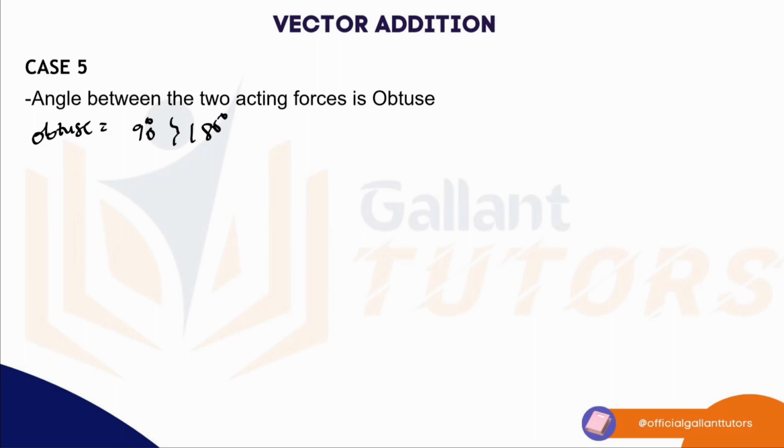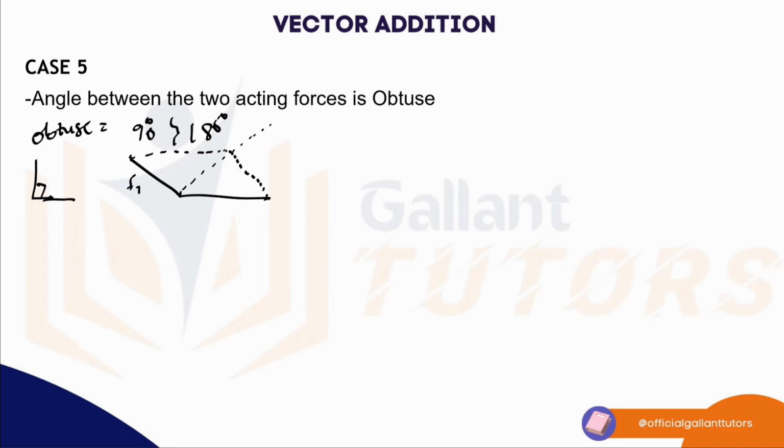So we expect an obtuse angle to be somewhere like this. Just like I've always said, the resultant force will be in the middle of both. So let's join it.